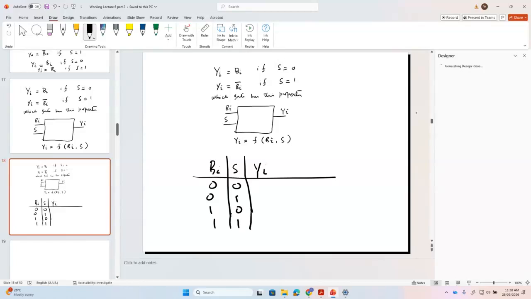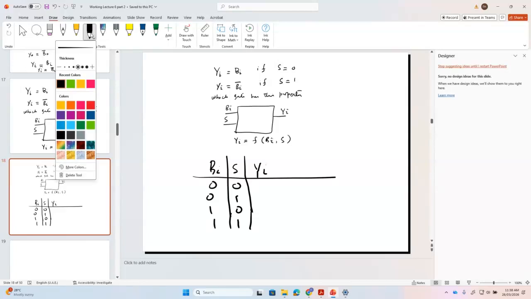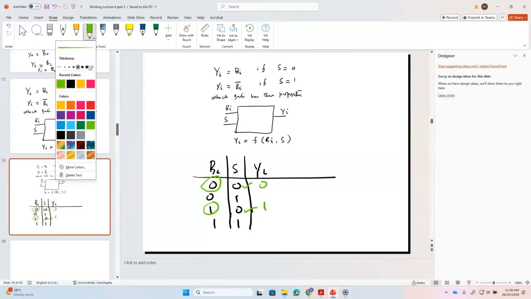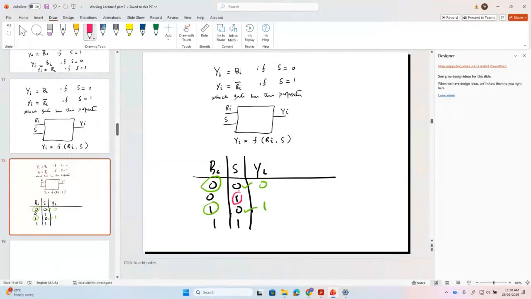So yi, if s is equal to 0, now can you see here? Now s is 0 here. What will be the value of yi? It will be the same thing as bi: 0 and 1. And if s is 1, it is 1 and 0.